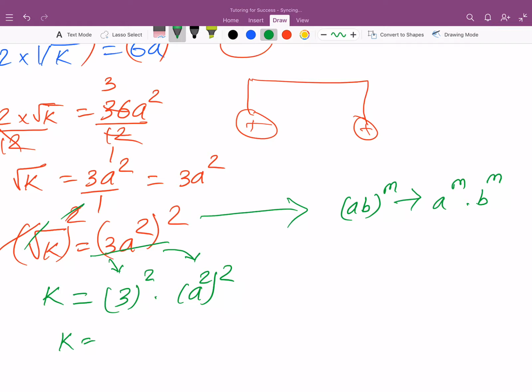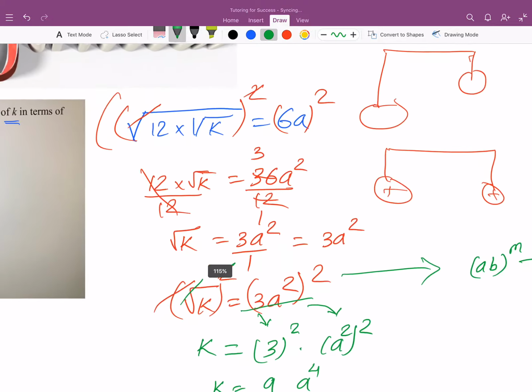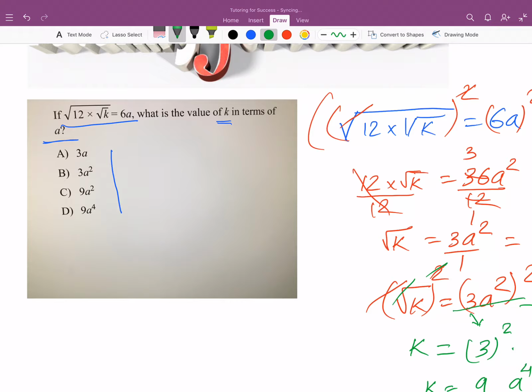So k equals 9, and for a, 2 times 2 power: you multiply the powers out, so a to the power 4. So 9a to the 4th. That is my answer, which is right here.